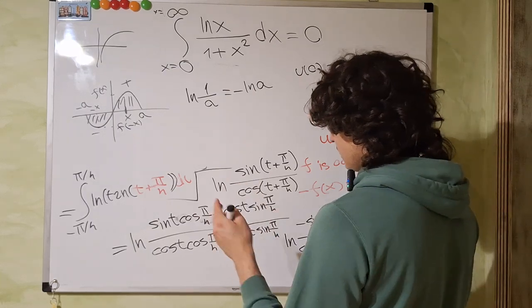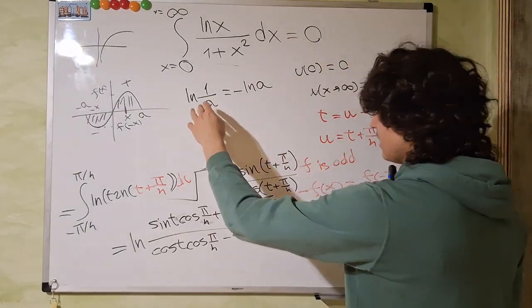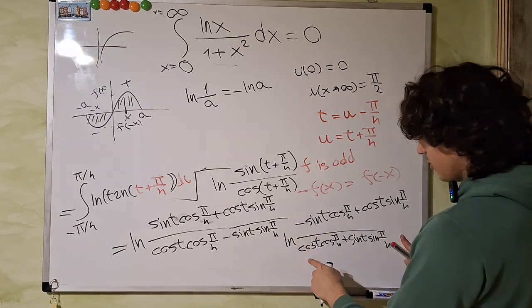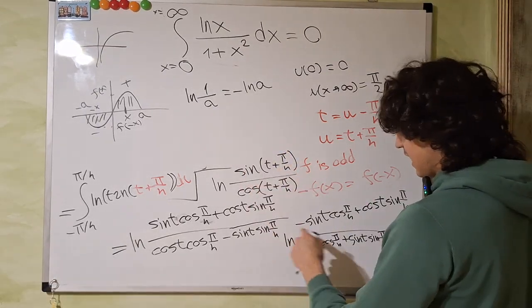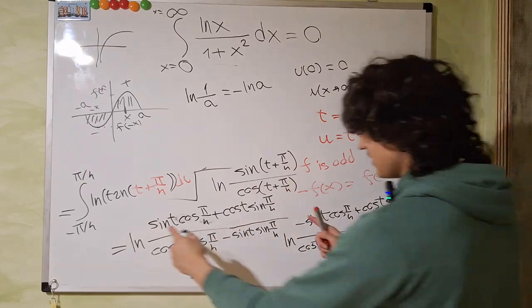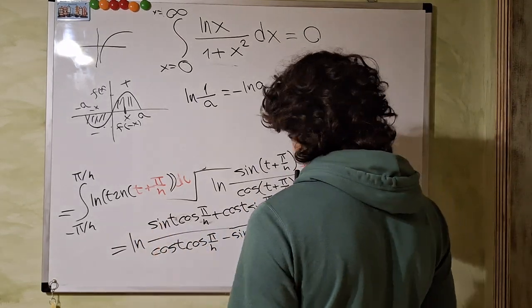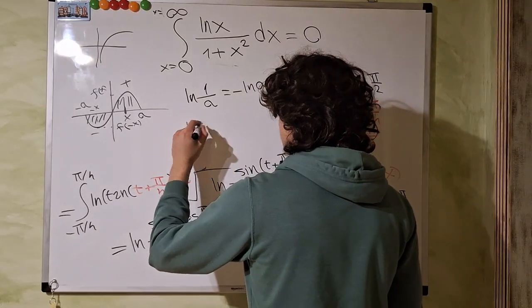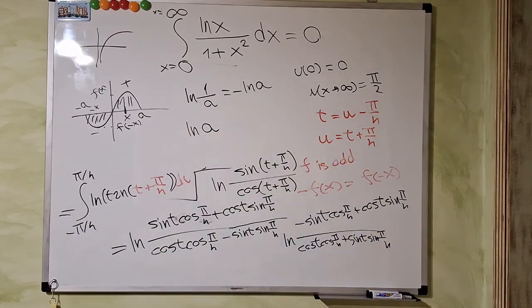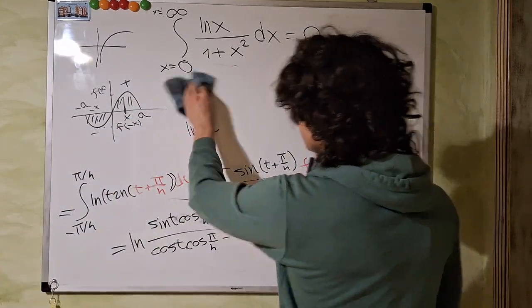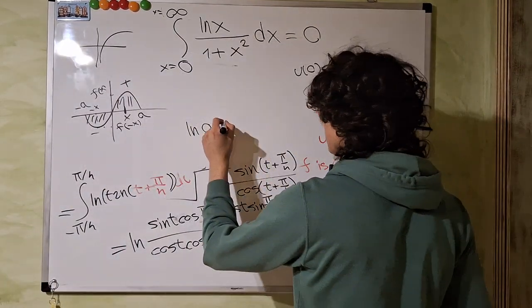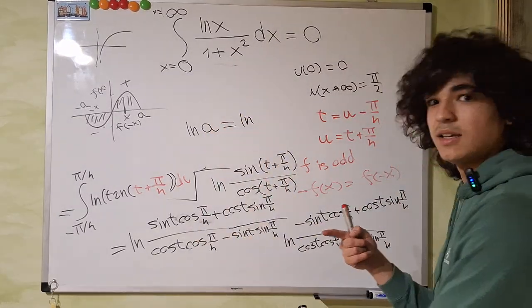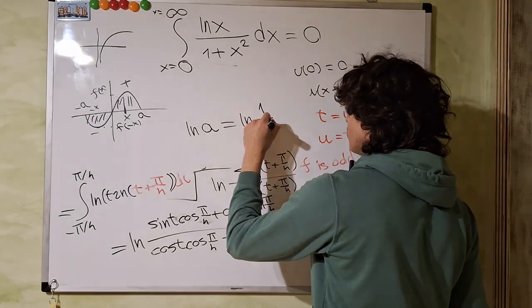we have the natural log of a, which equals the natural log here of the same thing, but the inverse, so 1 over a.